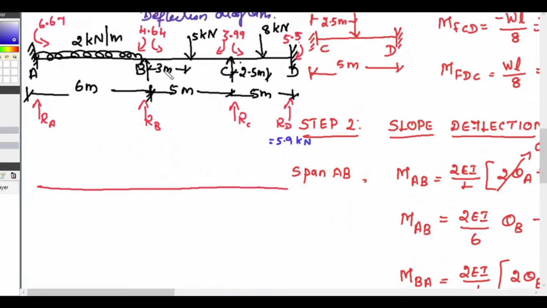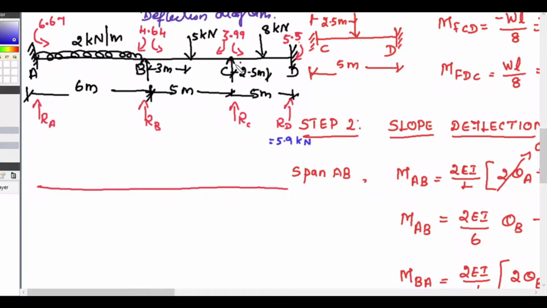Now we will take to the right of B. See, when we are considering to the right of B, we have RD into 10 minus 5.5 minus 8 into 7.5. Now this gets cancelled, right? This plus 3.9 and minus 3.9 get cancelled.